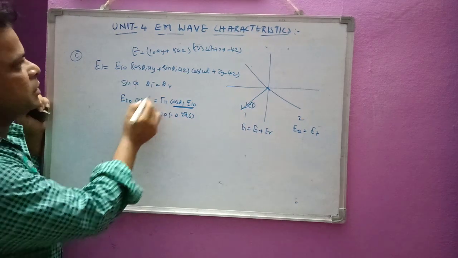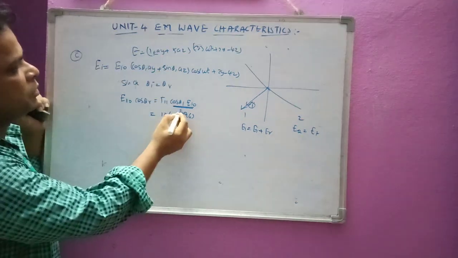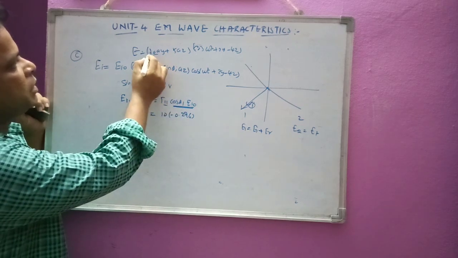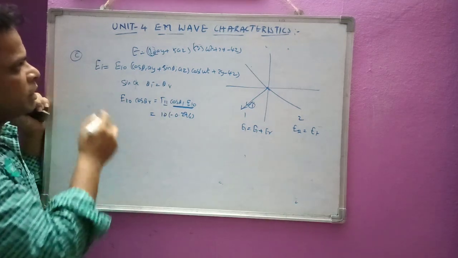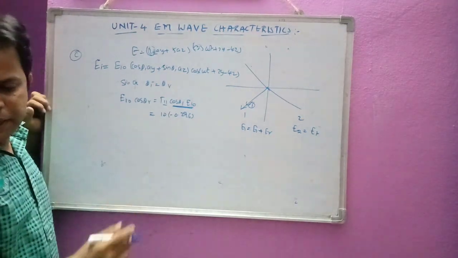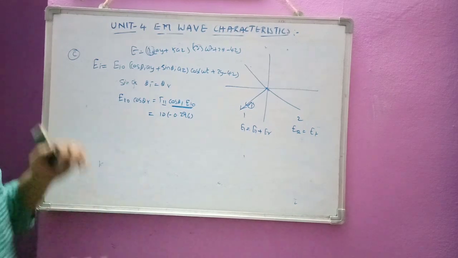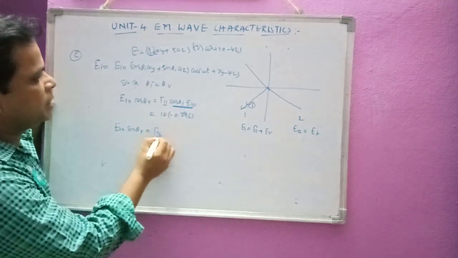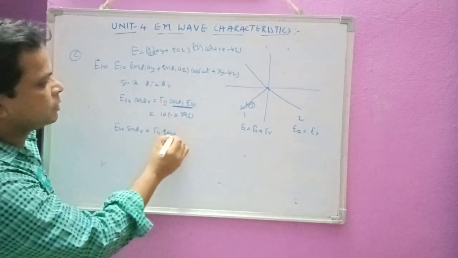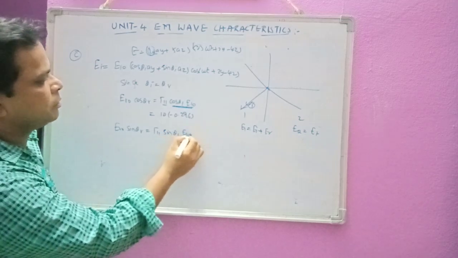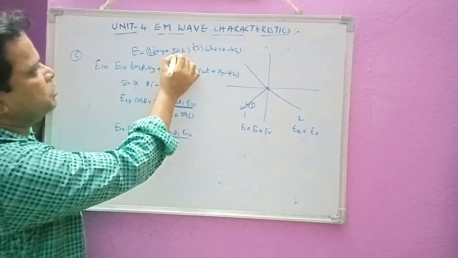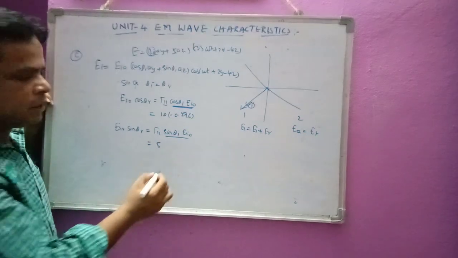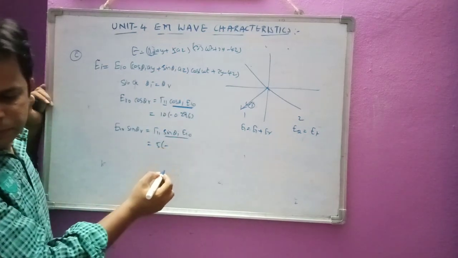So cos theta of this one will be equivalent to 10 here, and gamma parallel we have found. This value is Ei0 and this value is the cosine component. Similarly, I can write the sine component: ER0 sin theta r is equal to gamma parallel into sin theta I Ei0. That value is equivalent to 5 here, 5 into gamma parallel which we already have, that is minus 0.946.